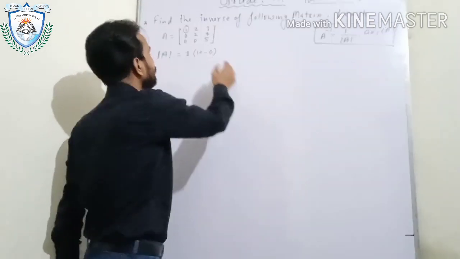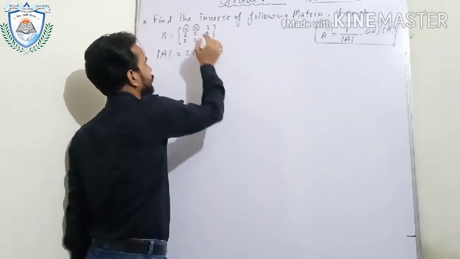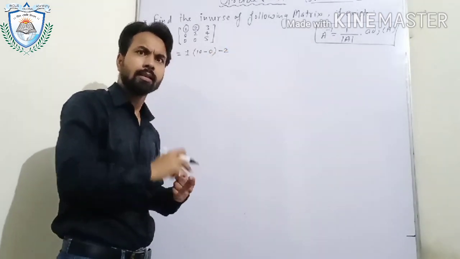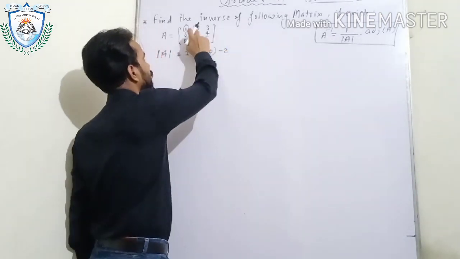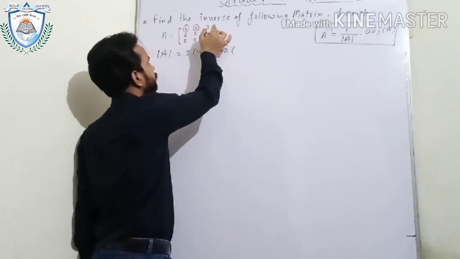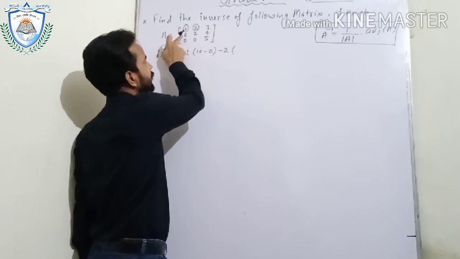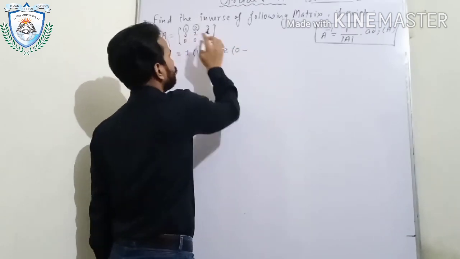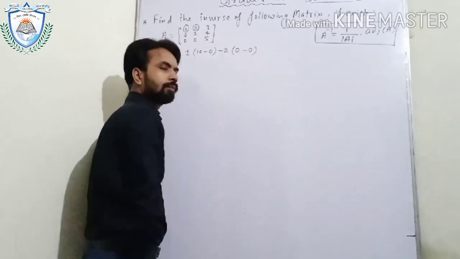Clear? Now we have to note the second element with negative sign. So this is positive 2, so it will be negative 2. Now we will hide first row, second column. Cross multiplication: 0 into 5, 0, minus 0 into 4, that is 0.